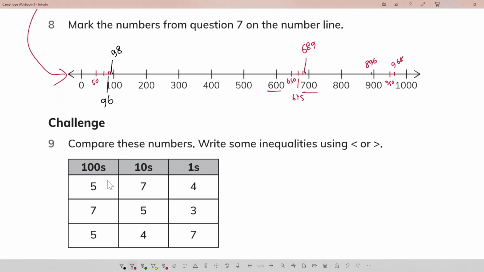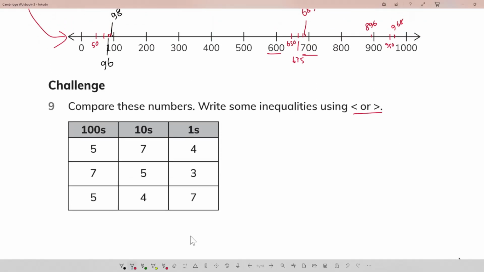Next challenge, compare these numbers, write some inequalities using symbols. First one, this column is mentioned what? Hundreds. It means 5 hundreds, 500, plus 7 tens, it means 70, plus 4 ones, it means 4, equals 574.